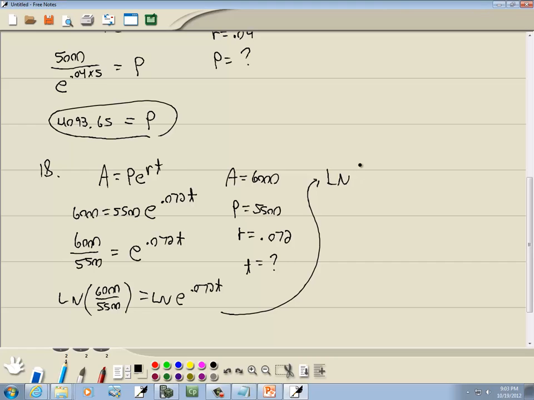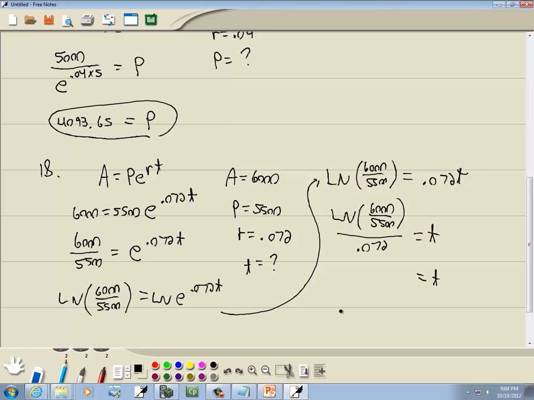So we got natural log of 6,000 over 5,500. Remember, natural log and e cancel each other out. So we got 0.072 T. And then we'll divide both sides by 0.072. So we got natural log of 6,000 over 5,500 divided by 0.072. And let's see what that gives us.